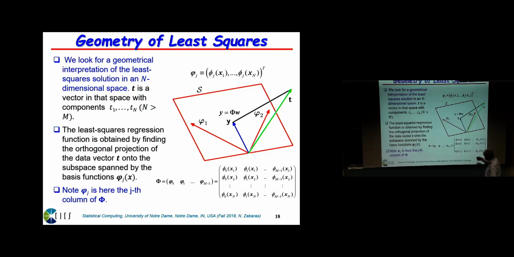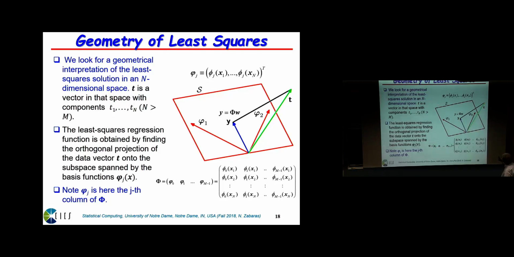Of what dimensionality? N-dimensional, okay? How many of these column vectors do we have? We have m, right? You can see 0 to m minus 1. So the space that is spanned by these vectors, this calligraphic phi, is this plane that you see here.